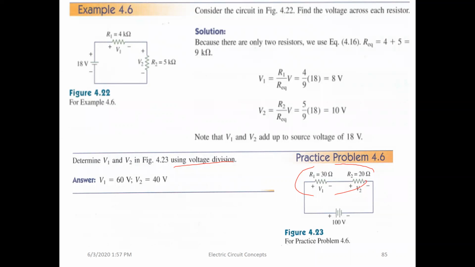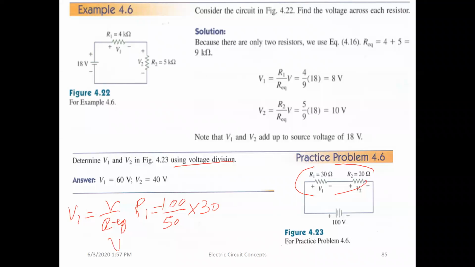Or we can use the voltage division formula directly. V1 is equal to V over R equivalent multiplied by R1. So V is 100, R equivalent is R1 plus R2, which is 50, multiplied by 30.